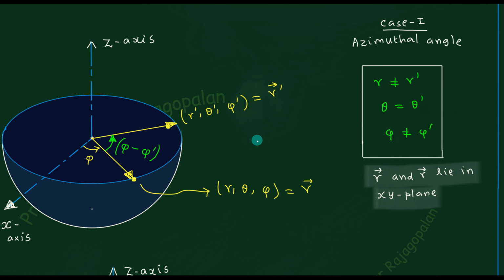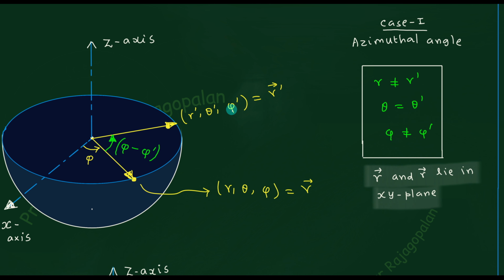When this kind of special situation happens, you don't have to struggle and find out what is the angle between them. The angle between them can be directly written down as phi minus phi prime. But if special cases like this are not there, then trouble comes. Then you have to do some work. That is what I am trying to explain.